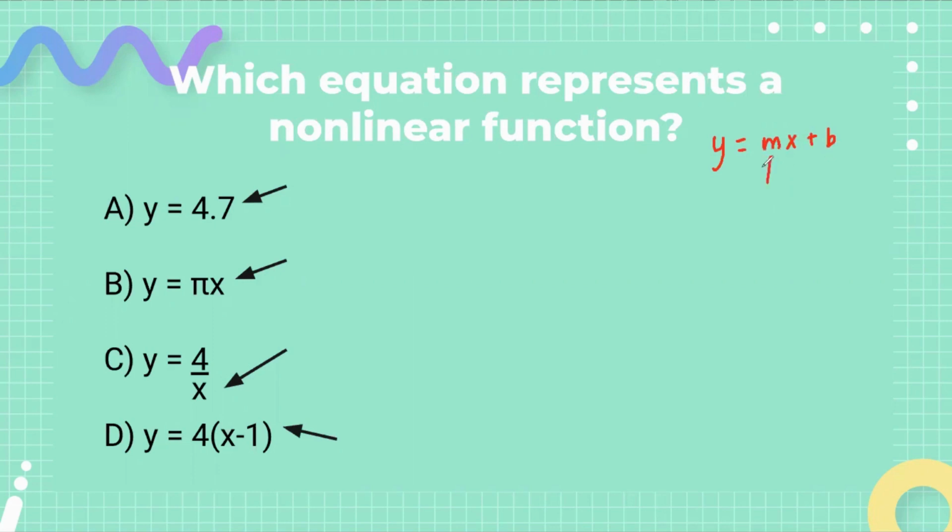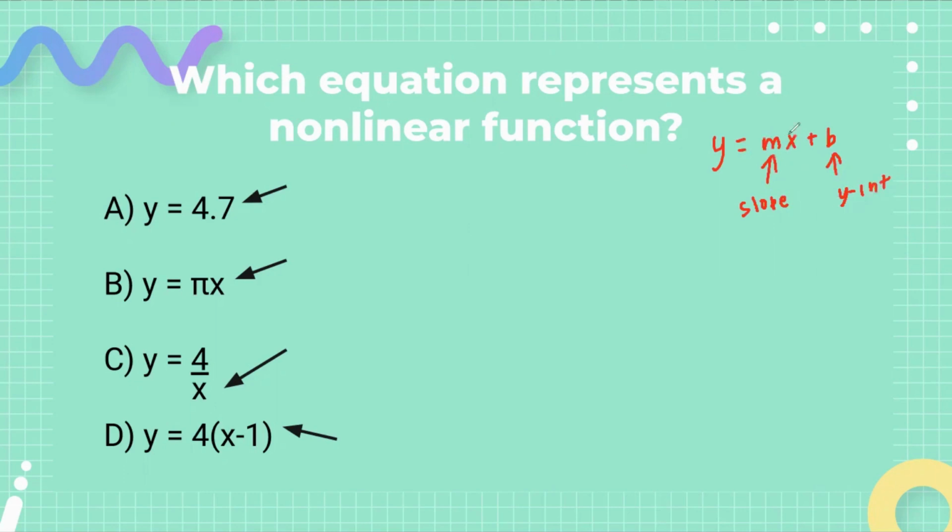And so m is going to represent your slope, and usually you'll have a number that's substituted for m, and then you'll have a constant for your b value that represents your y-intercept. And sometimes you won't see a b value simply because the y-intercept is at 0.